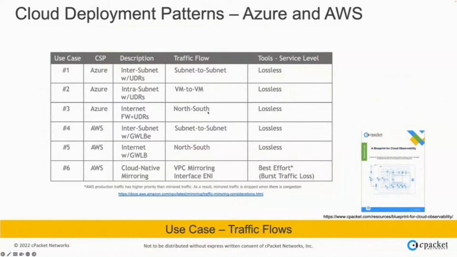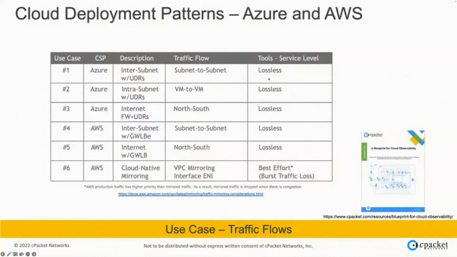Are you trying to get in and out traffic, so north to south? This has been documented for us in certainly the first basic six use cases. We've documented them in the blueprint for the cloud. So you can go and pick up and read that, and we go through some details around how to do that.